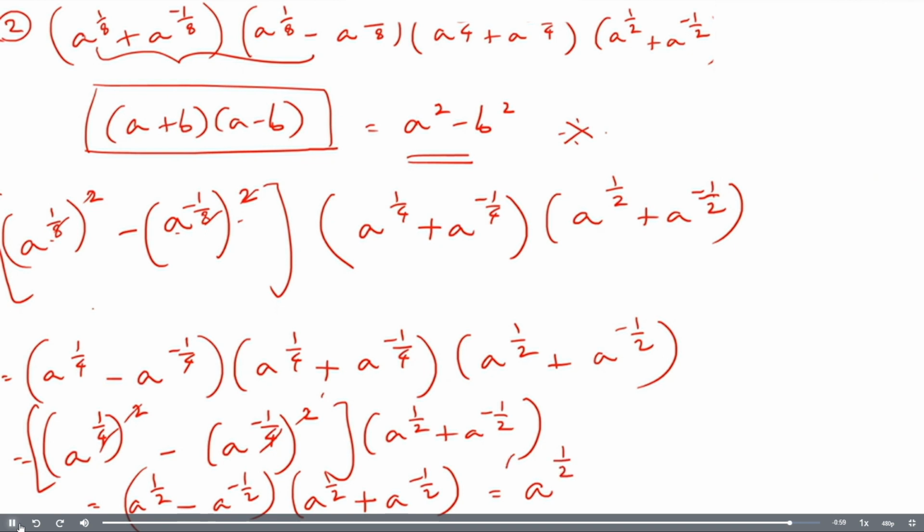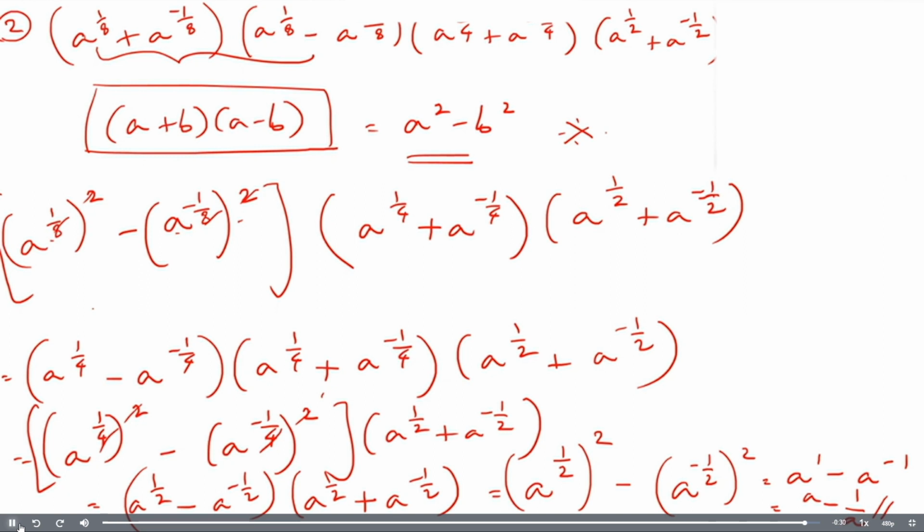A to the power half the whole square minus a to the power minus half the whole square, which is a to the power 1 minus a to the power minus 1 is equal to a minus 1 by a. Be careful, it is a minus. There is a minus sign in between, not a multiplication. So please don't take it directly to the denominator. Take it as a minus 1 by a.